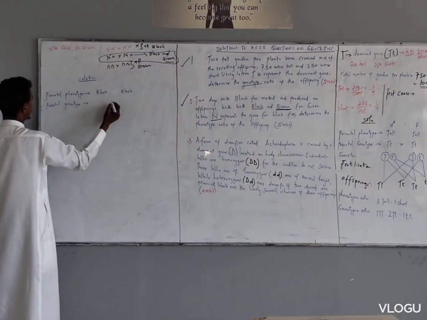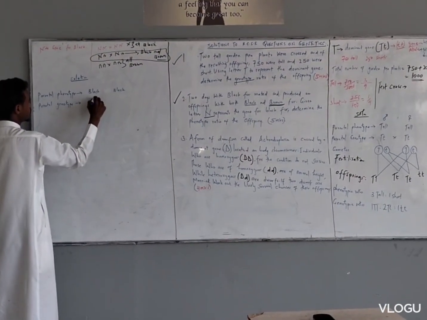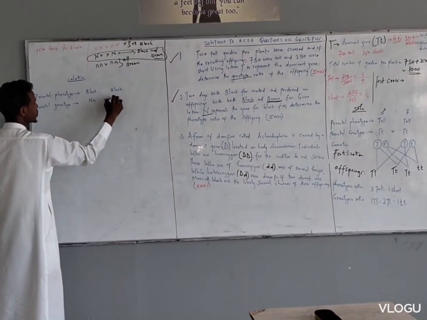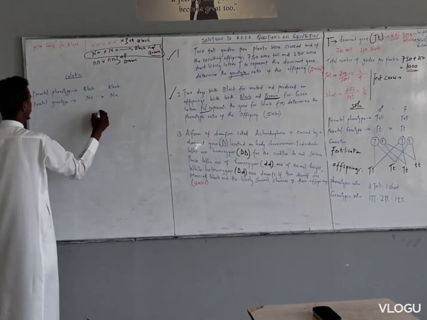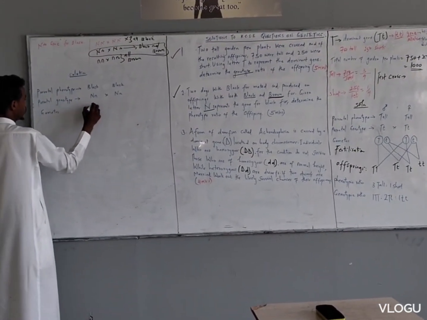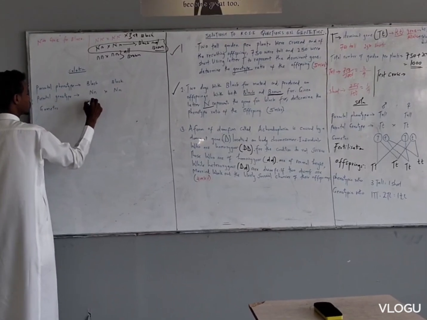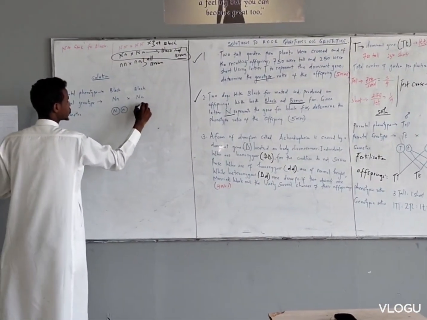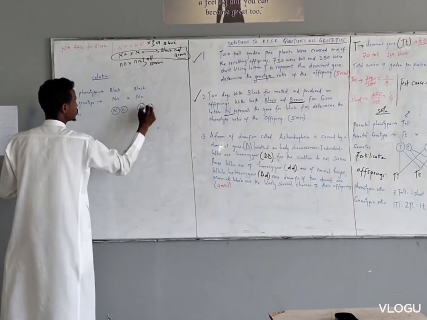You have parental phenotype as black. Gametes. You have this one, those are this one, those are that one, those are this one.